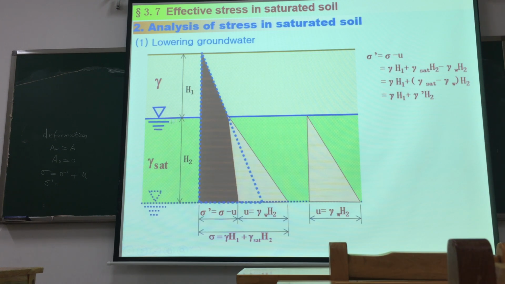When the groundwater level decreases to this location, the effective overburden pressure will increase by this area.